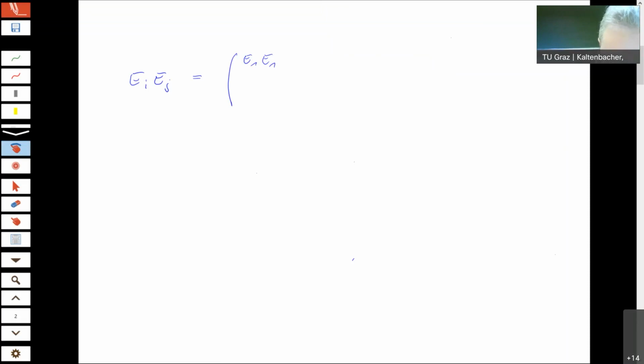Yeah, and I write down perhaps here the field vector E, which we write as E1, E2, E3. In Cartesian coordinates, that would be the X component, the Y component, and the Z component. Yeah.